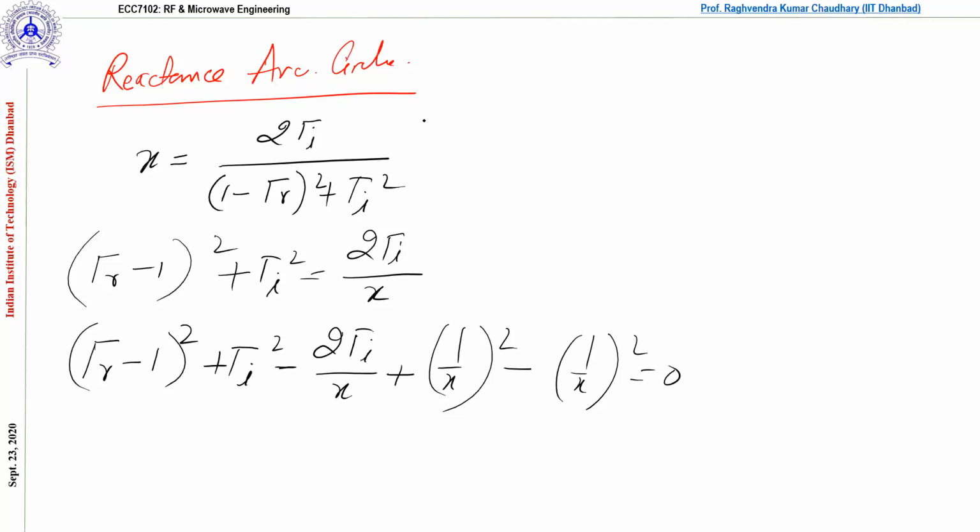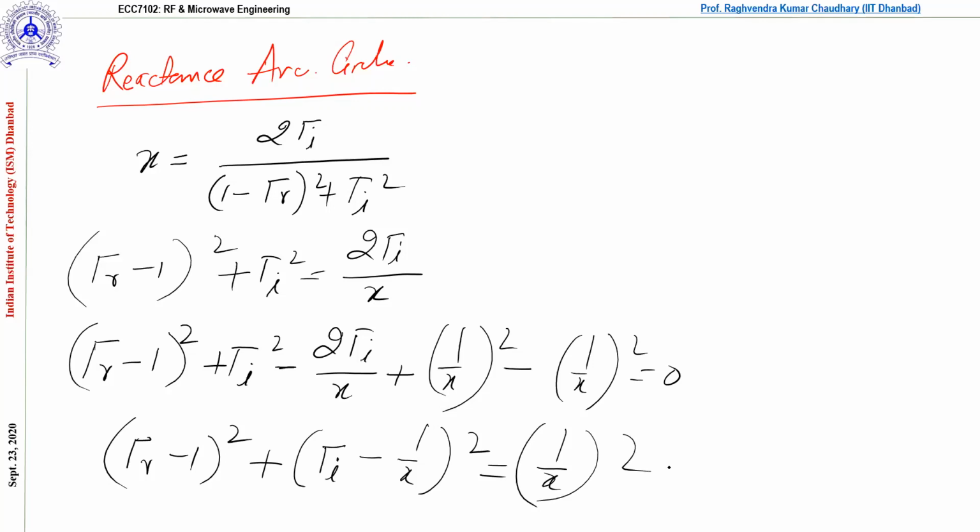So if you club these terms, a very nice equation we can get is (gamma r minus 1) to the whole square plus (gamma I minus 1 by x) to the whole square is equal to 1 by x square. Can we manage? Yes. We clubbed these terms and wrote a perfect square, and the remainder we kept on the right hand side.